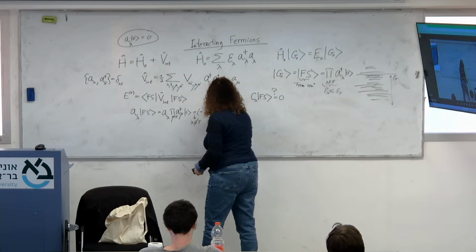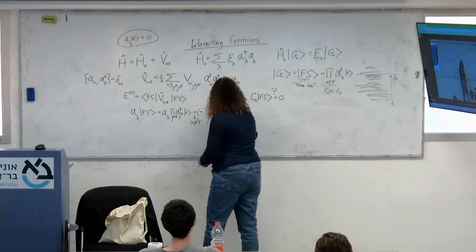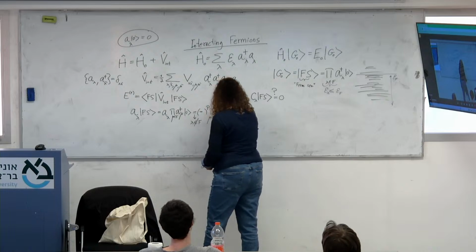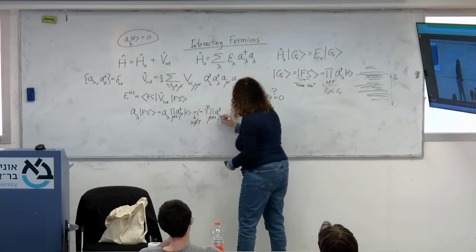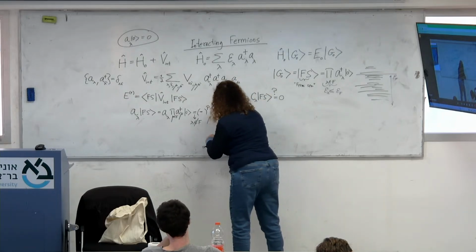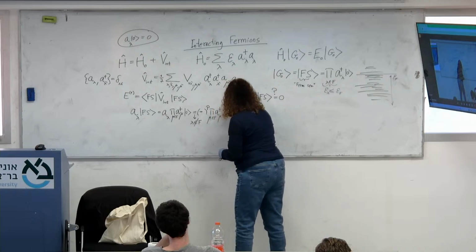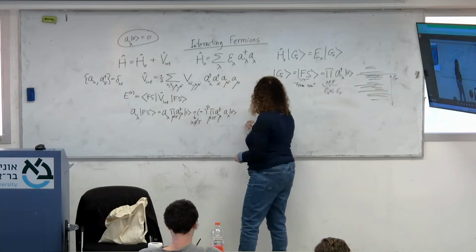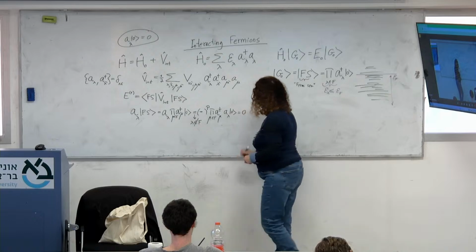And then I get this, okay? The product of all the mu's inside F, A lambda acting on 0, and this is 0, right?